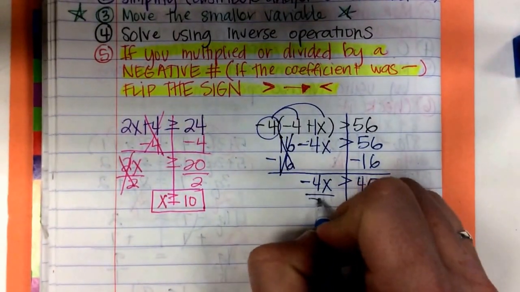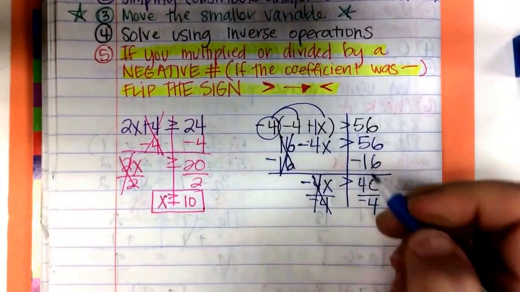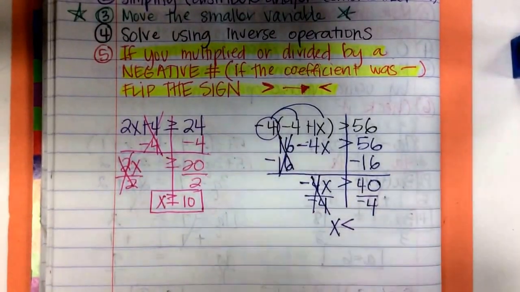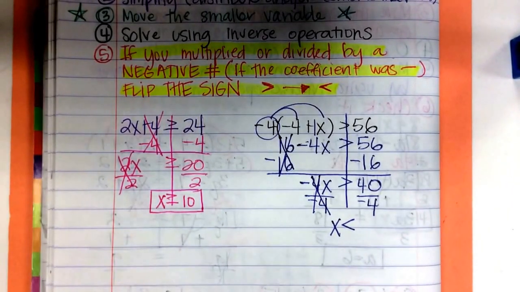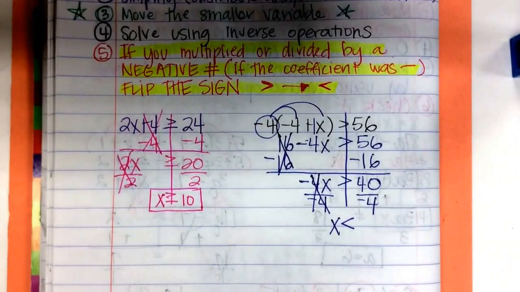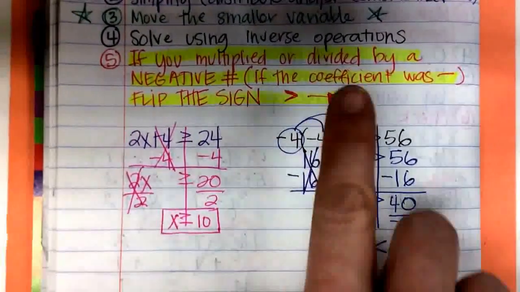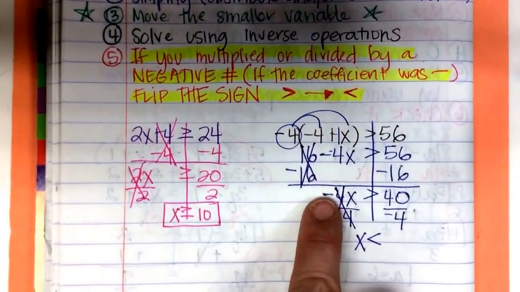I divide by negative 4. So x is less than, why did I flip it? Okay, stop. The only answer you should give, you should not say because it's negative, because that is not correct. The coefficient was negative. It was a negative 4.